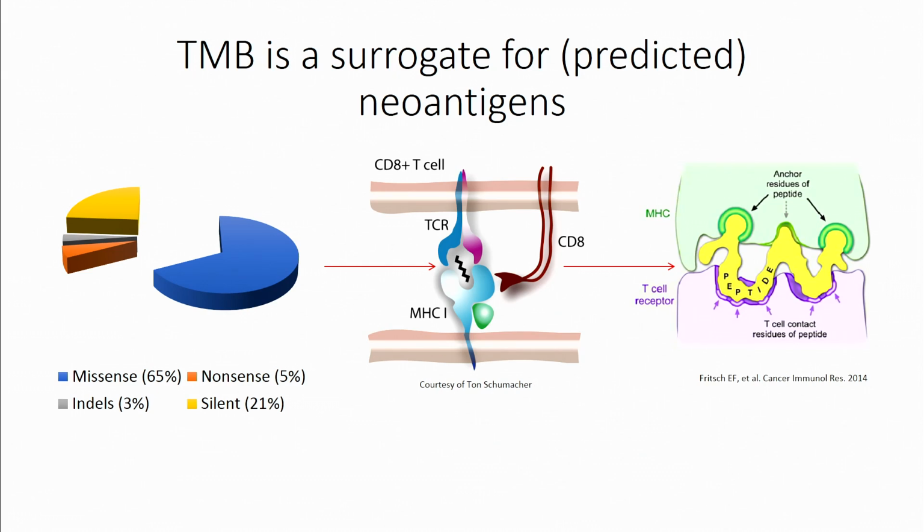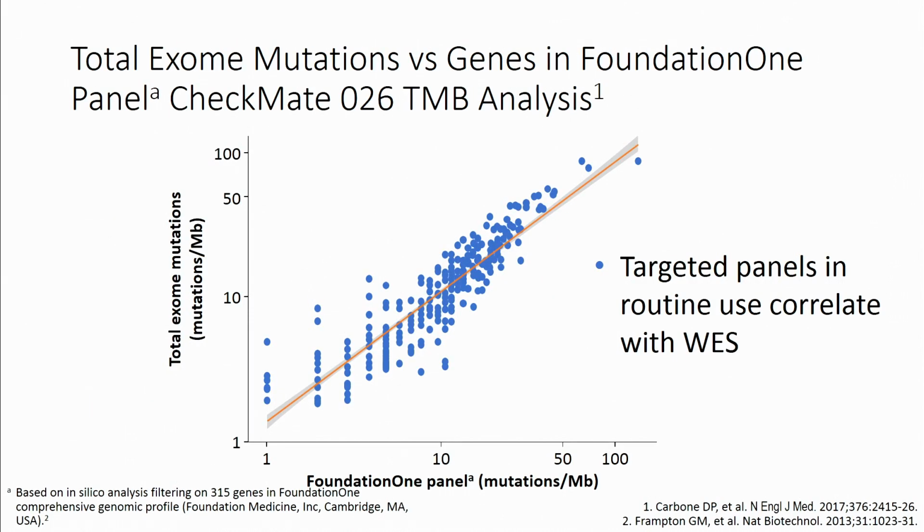It's really the missense mutations and the indels which are considered to be immunogenic, changing the amino acid in such a way that you lead to very high affinity binding to the MHC as well as the T cell receptor. That change in protein binding is critically important in initially inciting the immune system, but ultimately leading to adaptive immune escape. And what we're doing with immune checkpoint therapies is restoring T cell recognition to these highly immunogenic neoantigens.